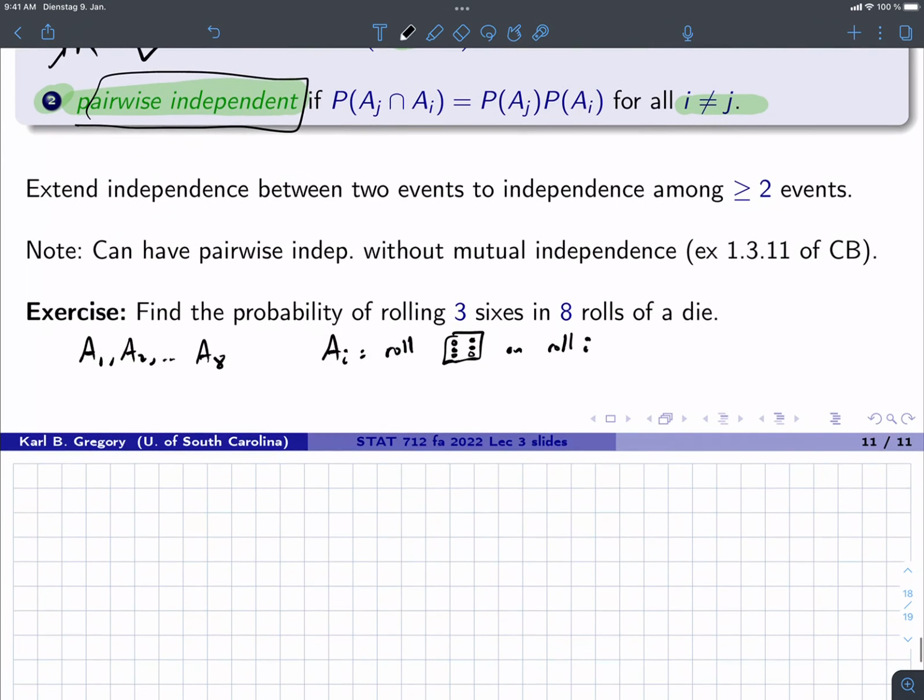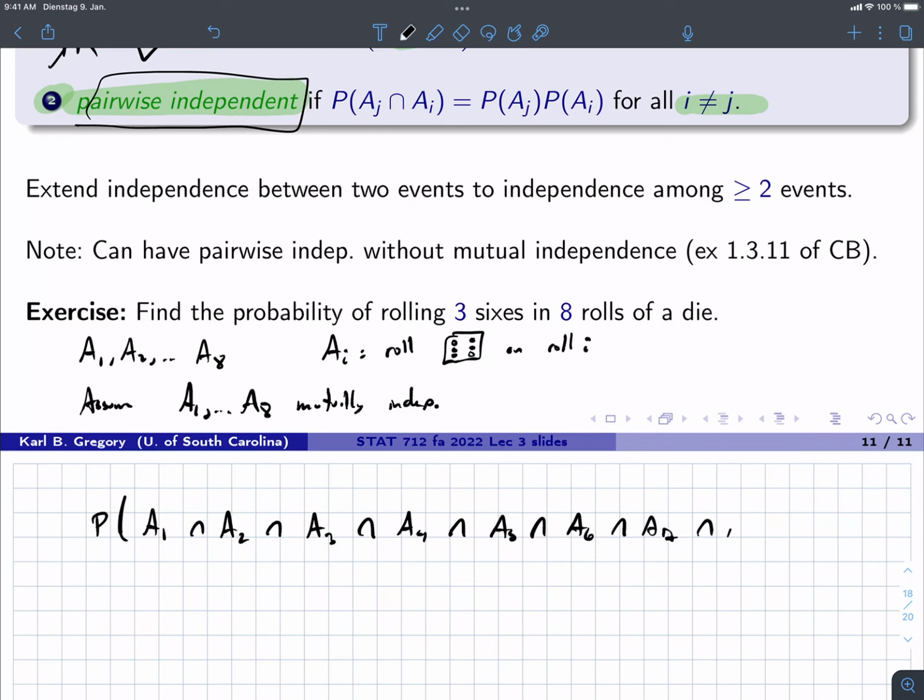Let's assume that A1 through A8 are mutually independent. Then we might consider any particular sequence of rolling 6s and non-6s.